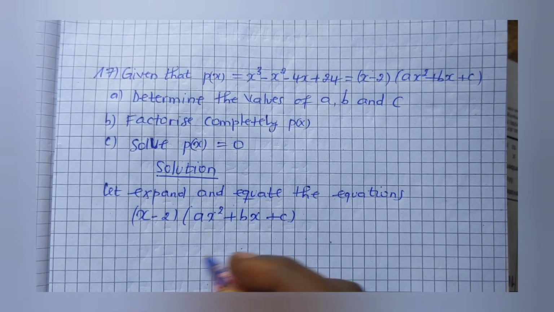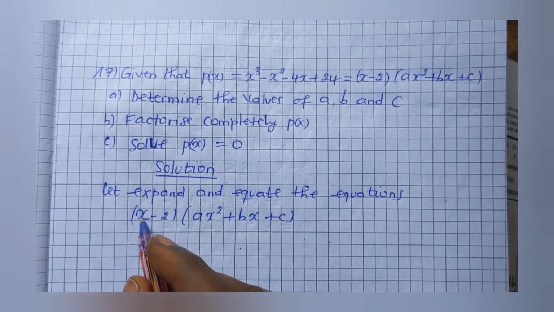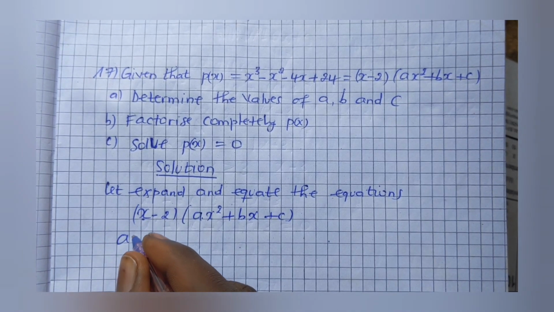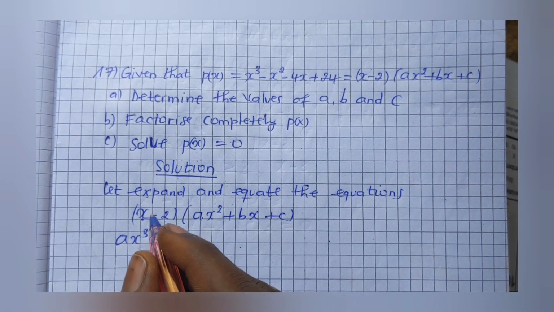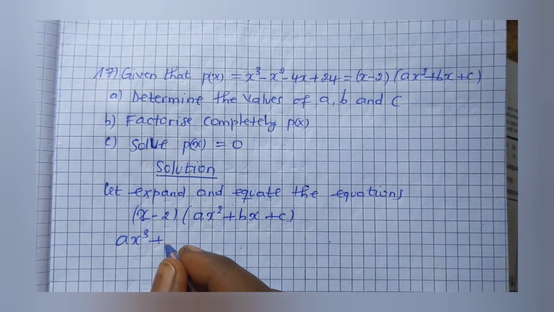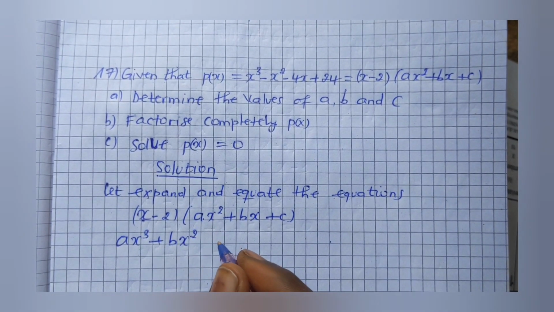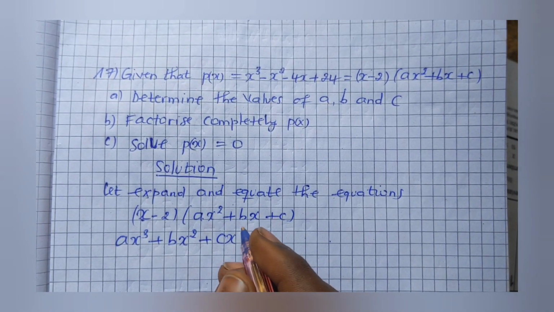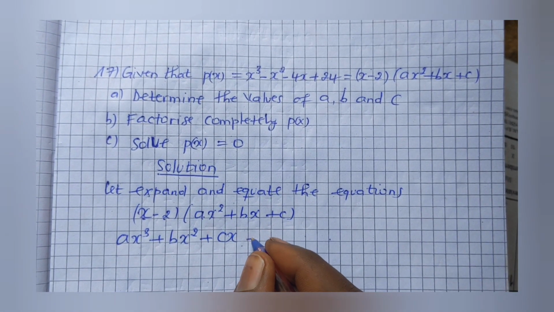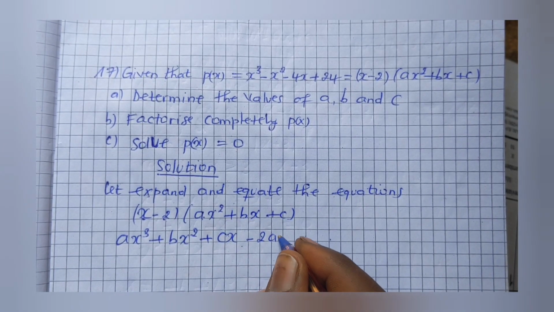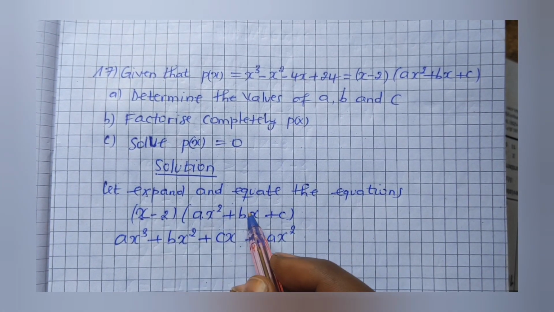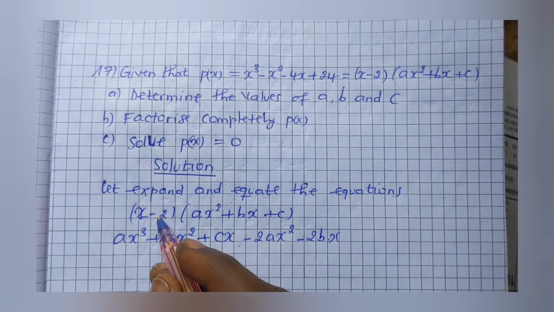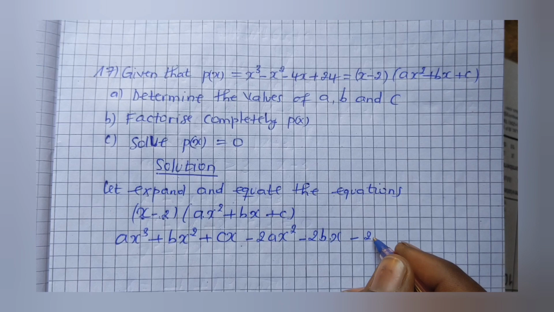We multiply x into the bracket, which gives ax cubed plus bx squared plus cx, then minus 2ax squared, minus 2bx, then minus 2c.